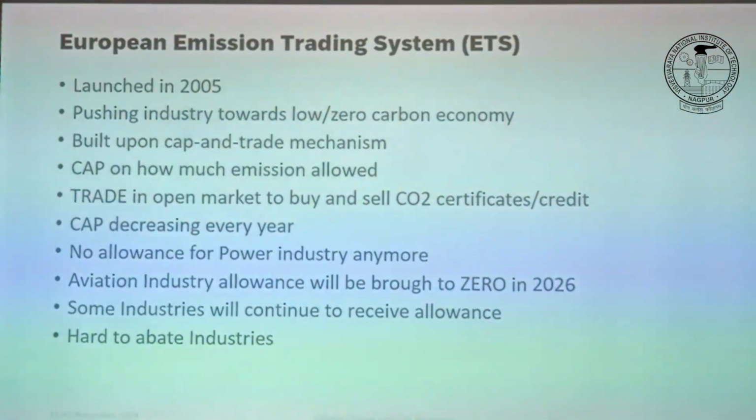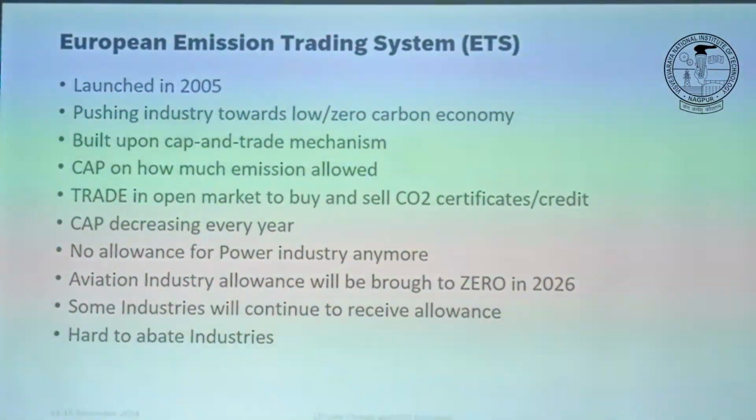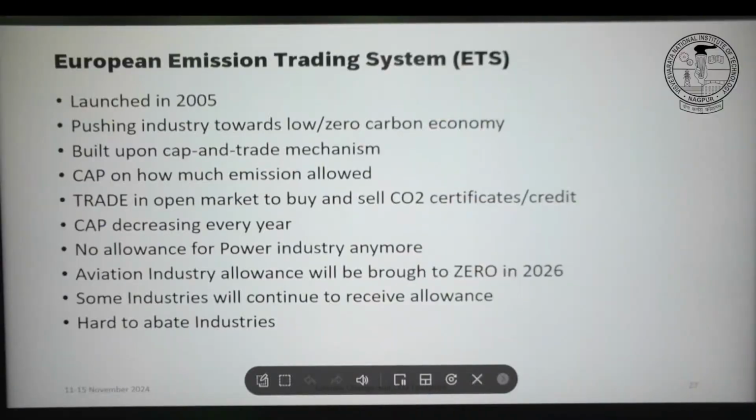With these, whatever additional CO2 they are emitting, they can show the government or the EU that they bought certificates. Instead of investing in their plant and capturing or reducing CO2 emissions, you simply go to the market, buy these certificates, and have your commitment done.